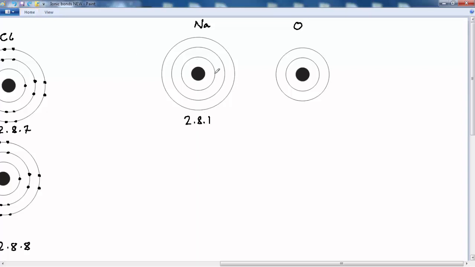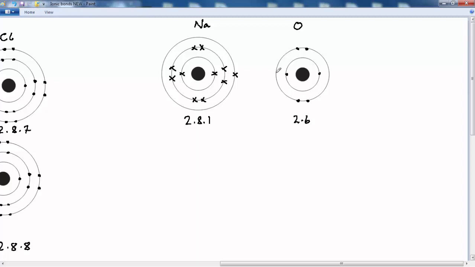Let's quickly fill in the cross diagram for sodium with the extra electron in the outer shell, and then for oxygen, that's 2.6. So let's fill in the dot diagram for oxygen, 2 in the inner shell, and then in the outer shell oxygen has 6 electrons.